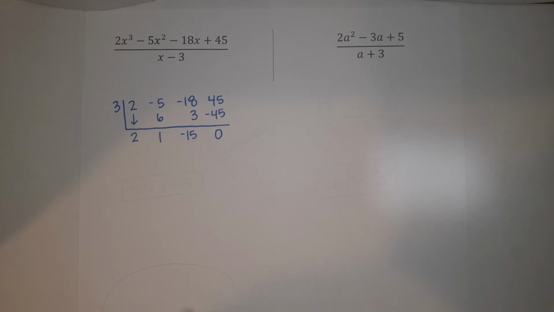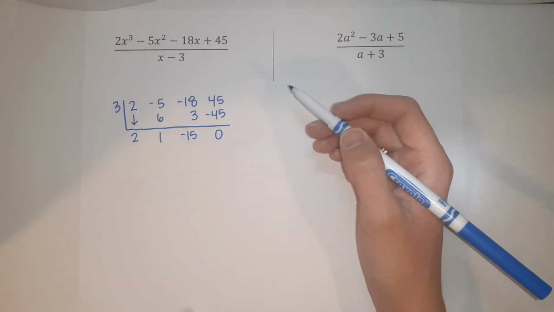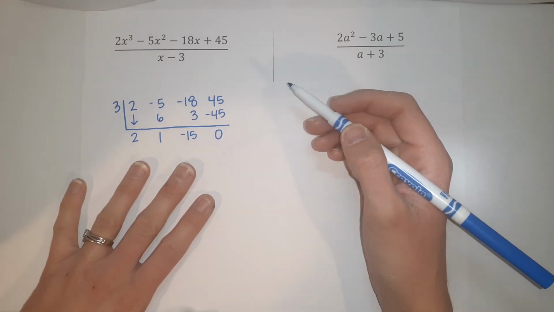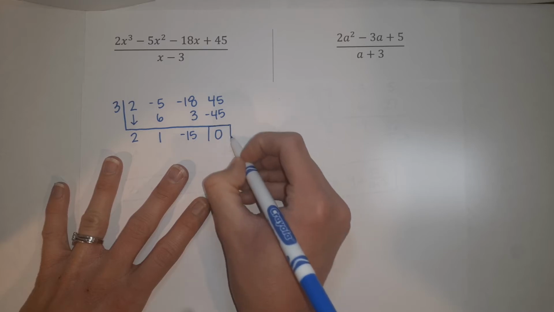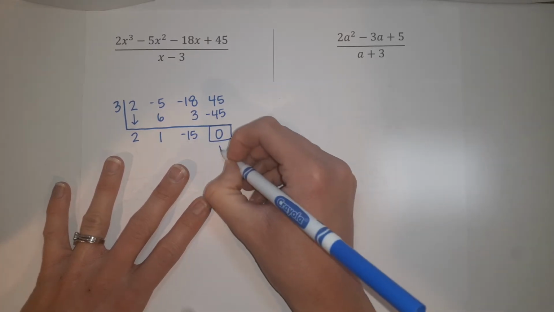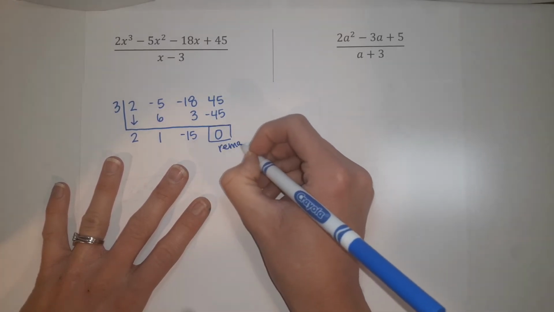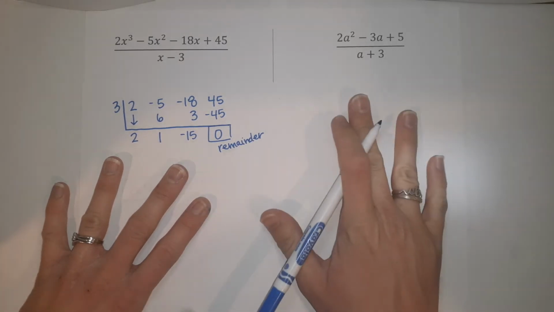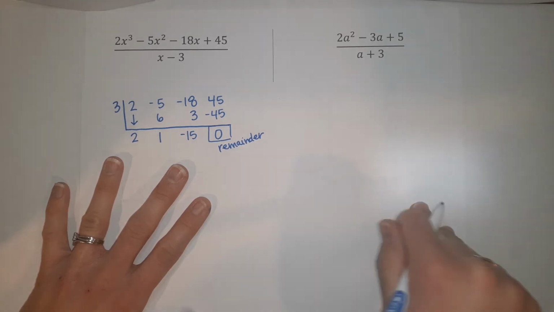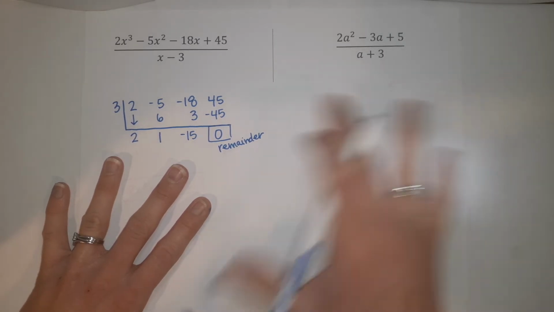We're pretty much done. We just got to make it look more mathy, right? So this is our answer. We just got to show it better. So this number here is our remainder. So our remainder is 0, sweet. We don't really have to worry about it. This one over here will have a remainder that's not 0, so stick around to see what you do with that.